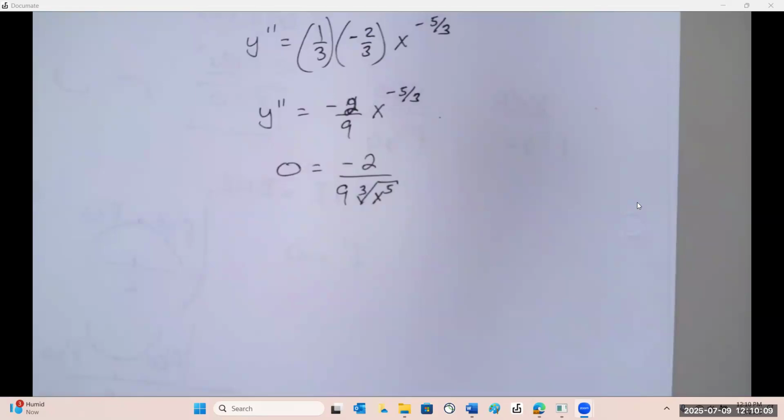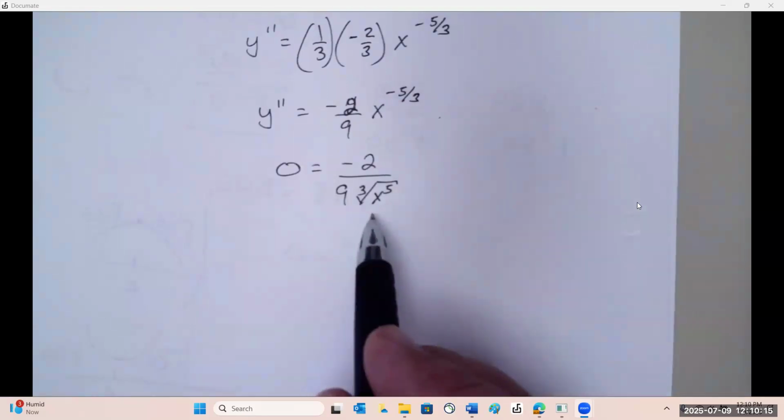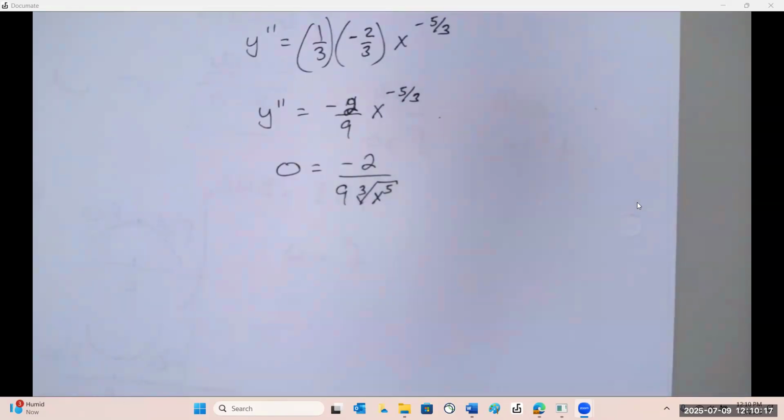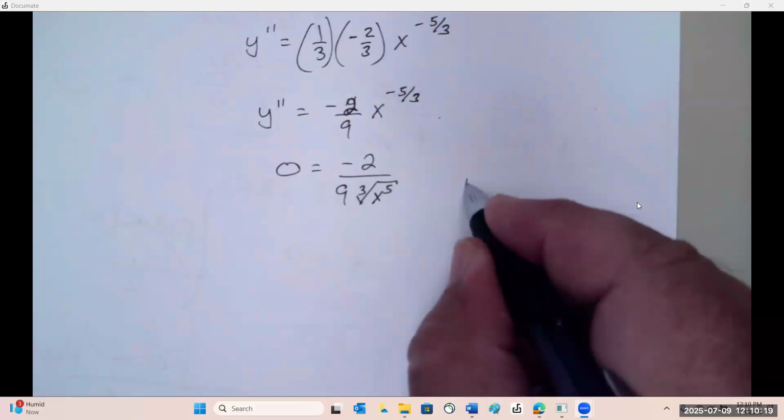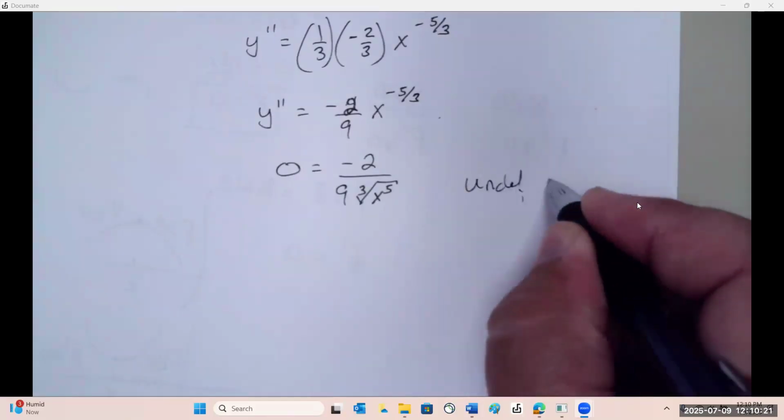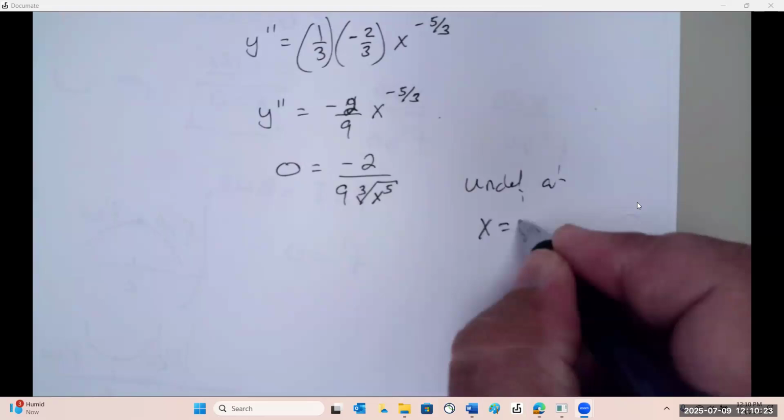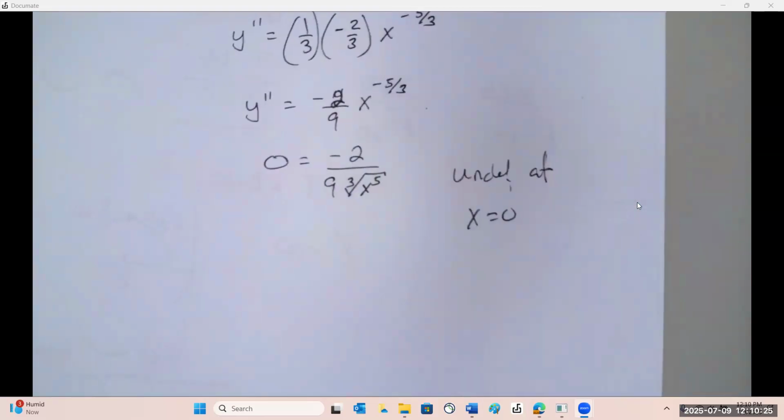Not only do we find out where it's 0, but we look at the points where it's undefined. Because where is this equation undefined? Now, if it's undefined at x equals 0, what does that tell us? Why is that the case?